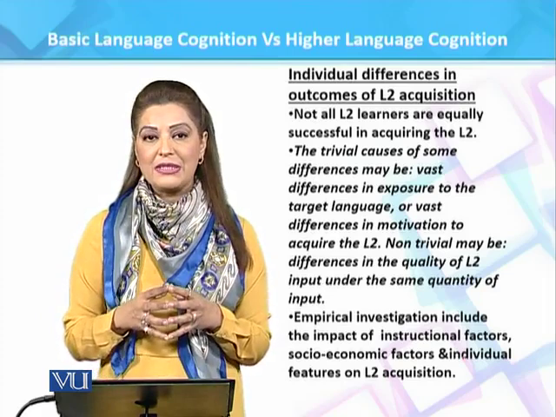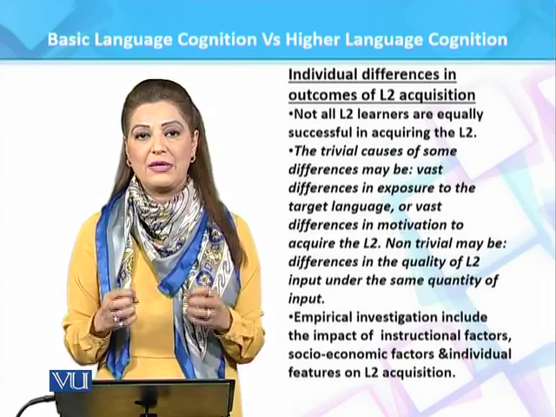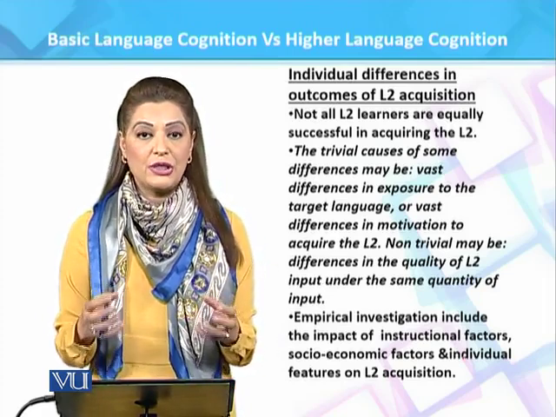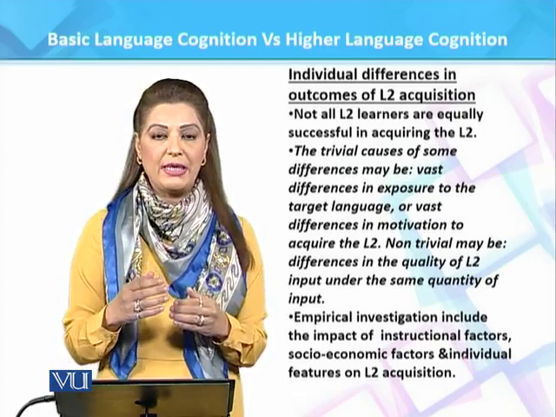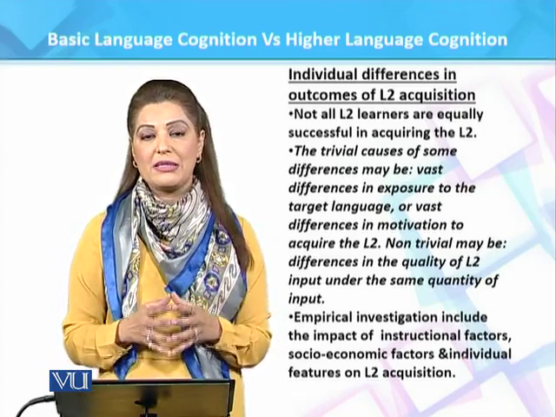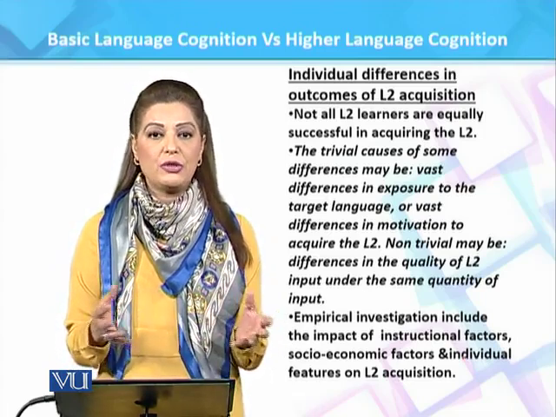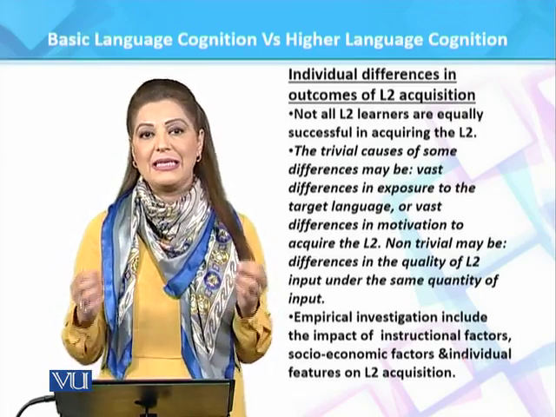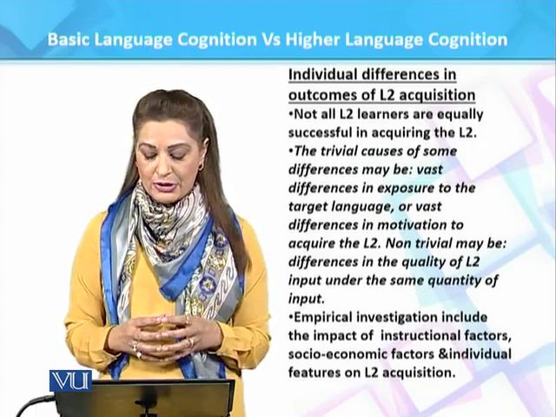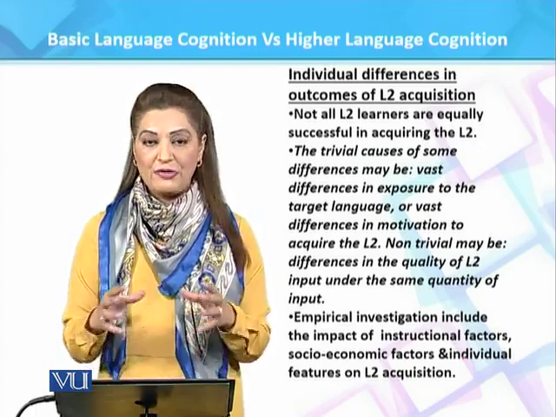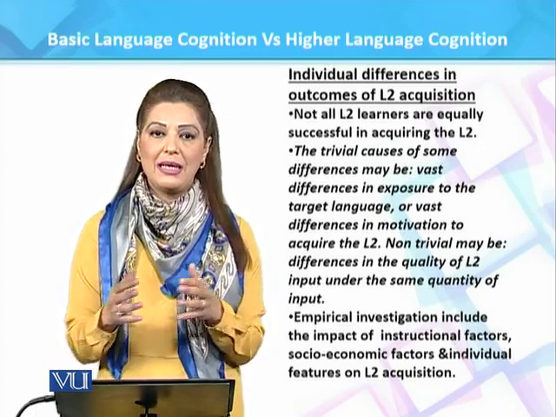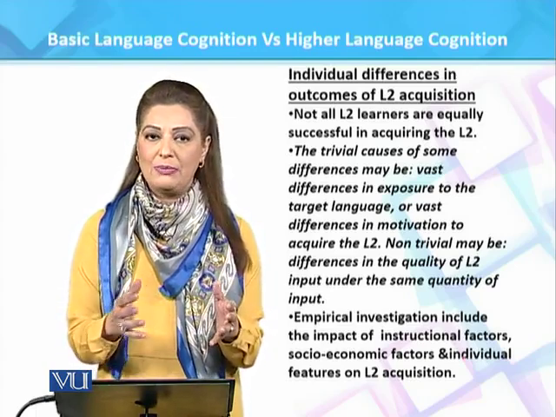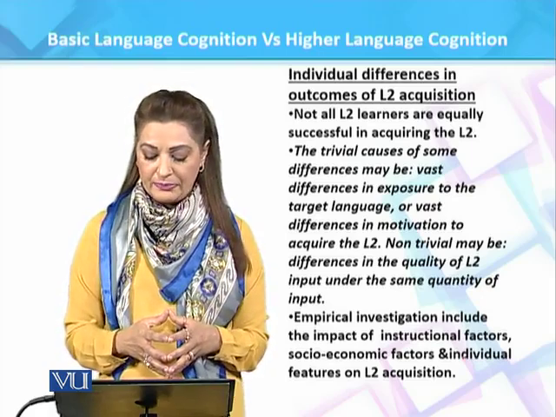And then there are differences of motivation, how motivated the learner is. If he or she is motivated, then there is going to be fast and effective learning. If he or she is demotivated, it does affect the learning or acquisition process. So differences arise on the basis of exposure to the target language and the level of motivation or demotivation.